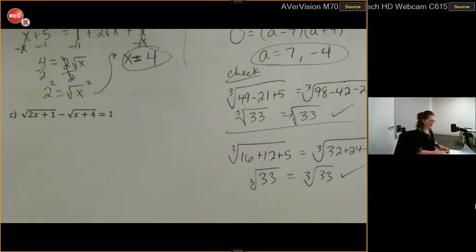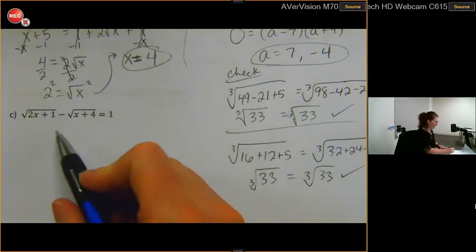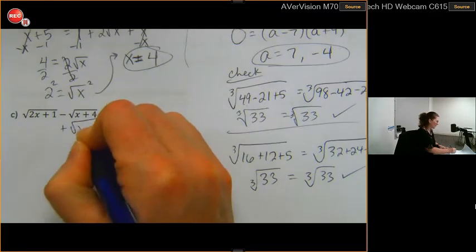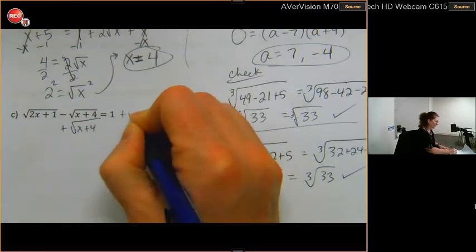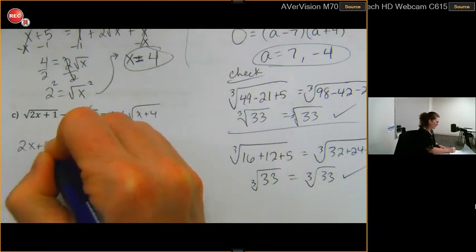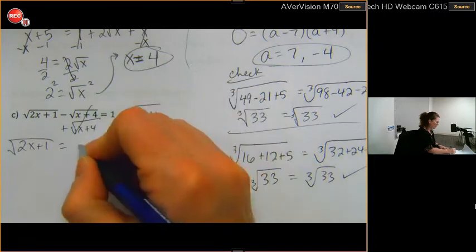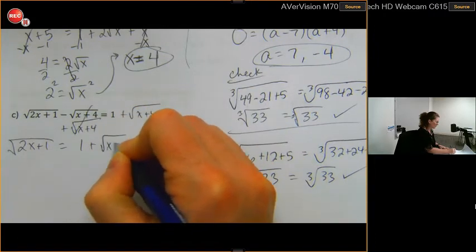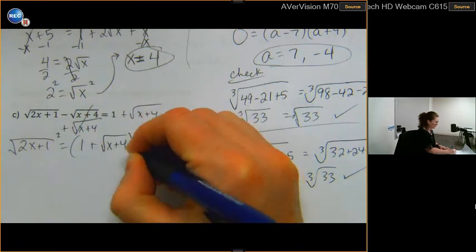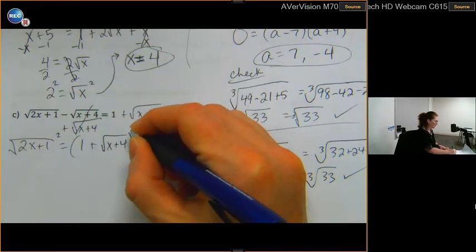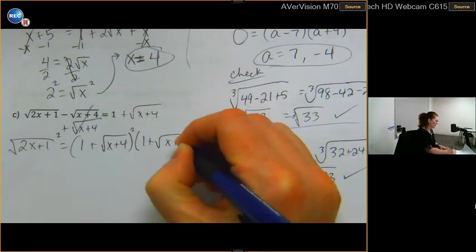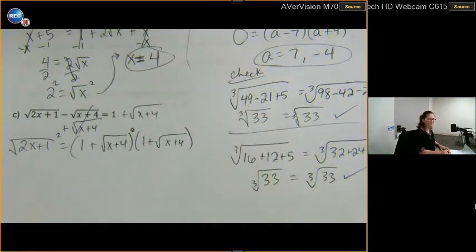On part C, I need to get one of these radicals by itself. So I'm going to add the square root of x plus 4. And then I'm going to square both sides utilizing parentheses, because when I square this side, what I'm actually going to have to do is multiply it by itself.